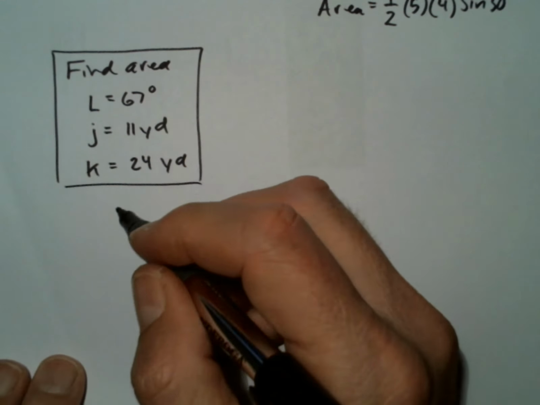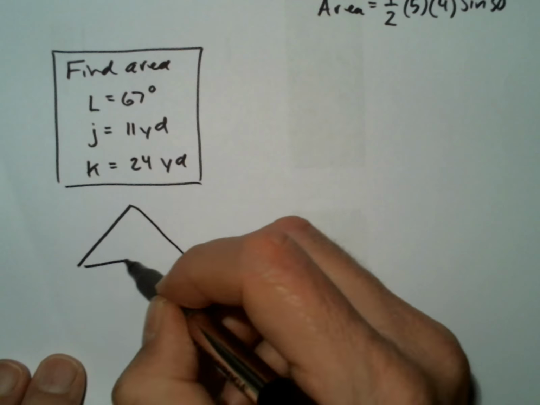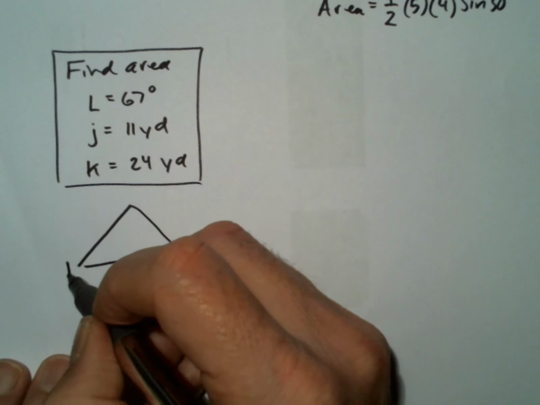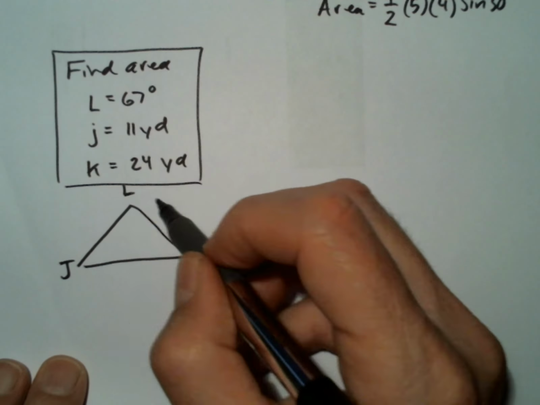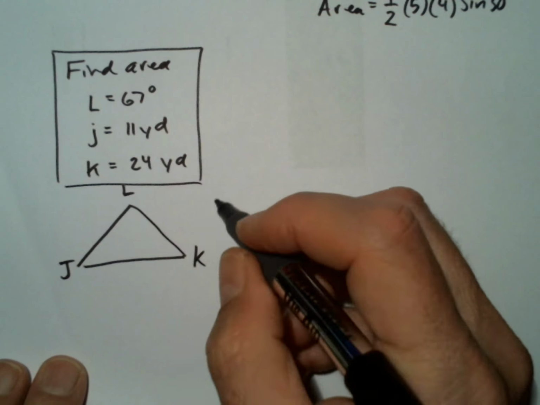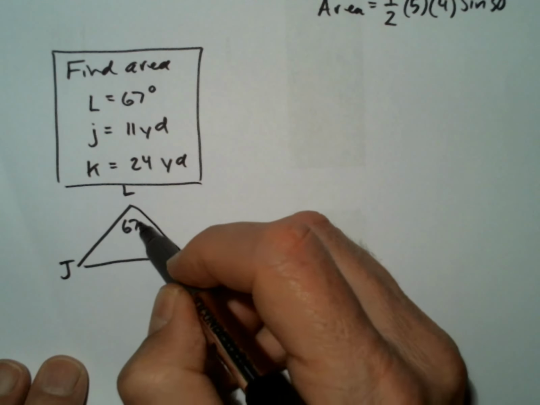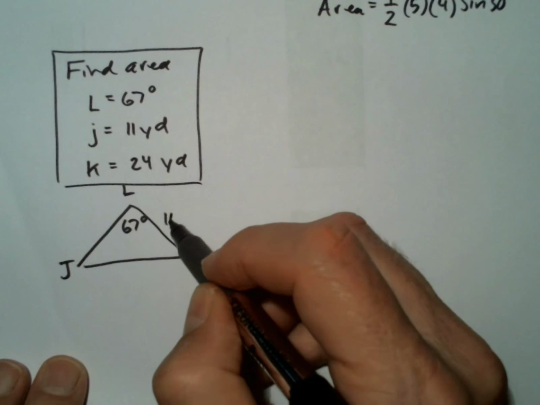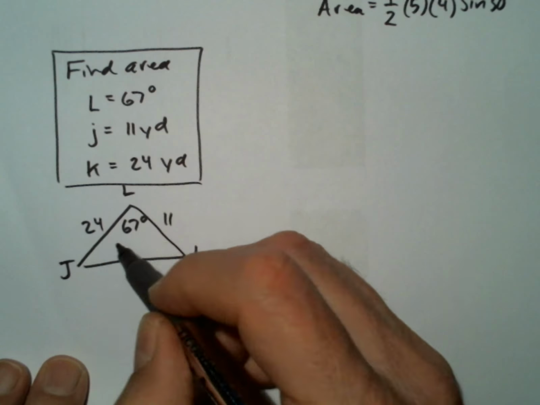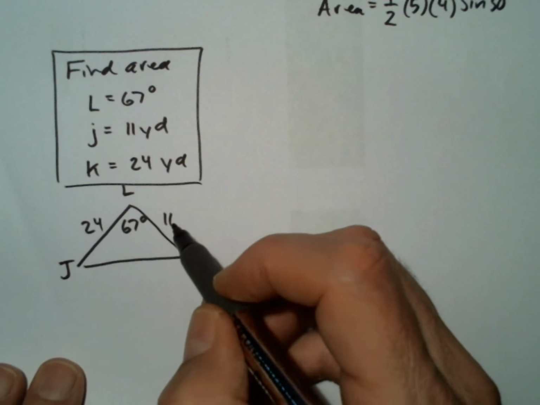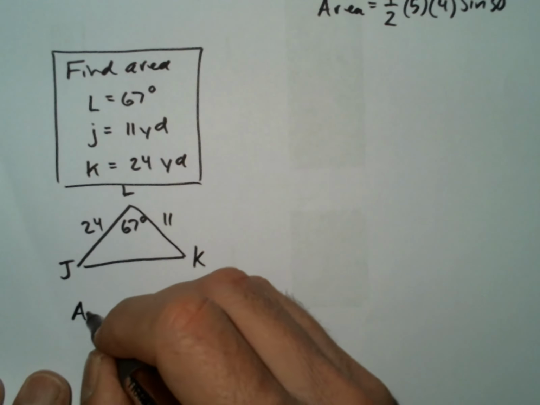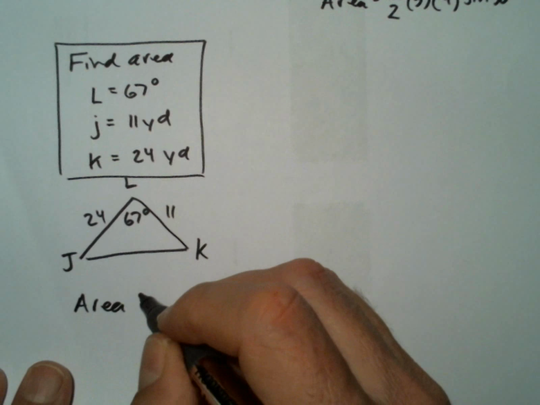So if we had a triangle, L is 67, J is 11, K is 24. Since we have side-angle-side, we can just use the formula we created.